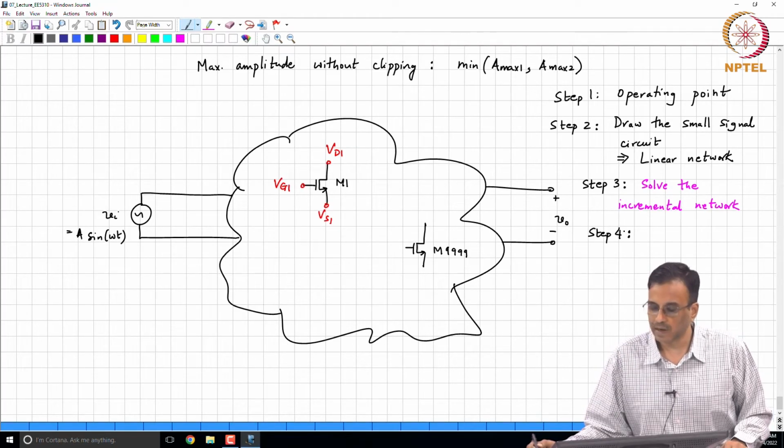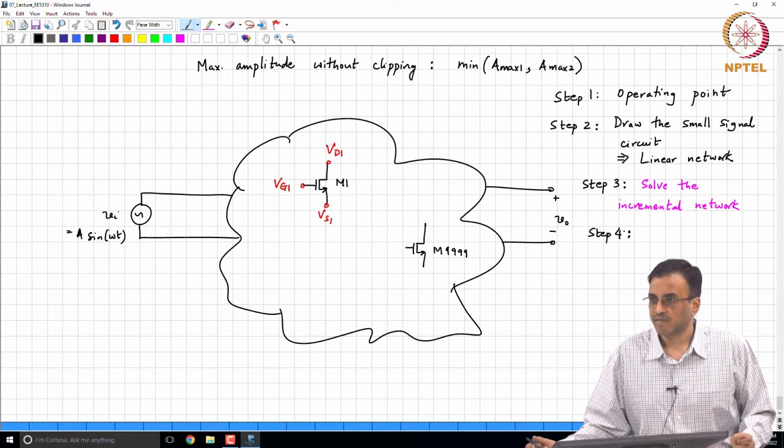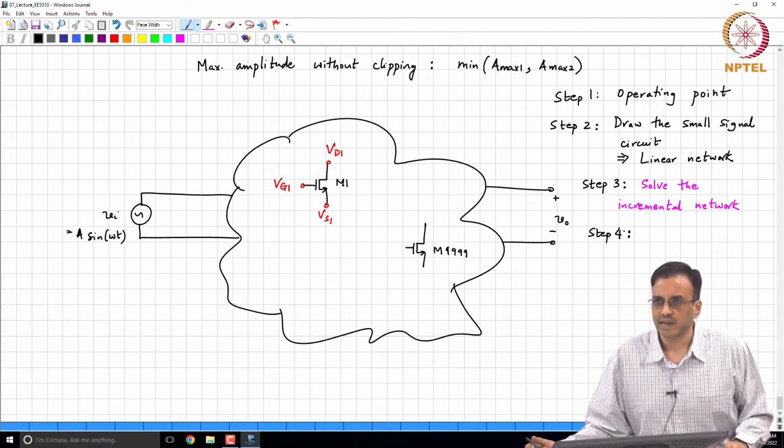Once you solve the incremental network, what will we get? We will be able to get the incremental voltages and currents at every node and in every branch, correct.